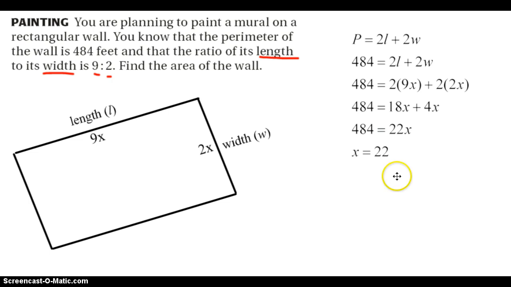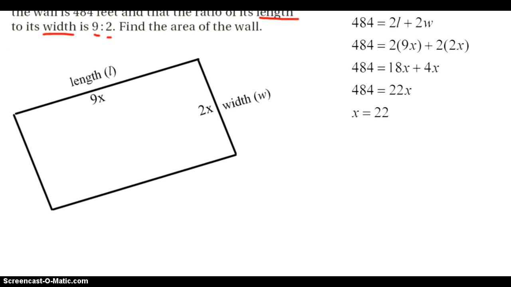We are not done with this problem, though. It asked us to find the area of the wall. So x is 22. When I go back, I want to find the width. Well, the width is easy. It's 2 times 22, so that's 44. And the length is 9 times 22, which is 198.